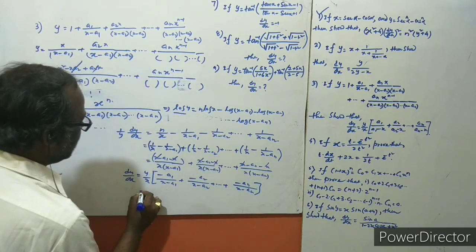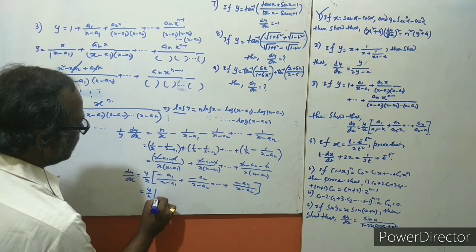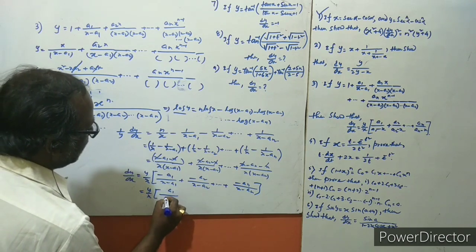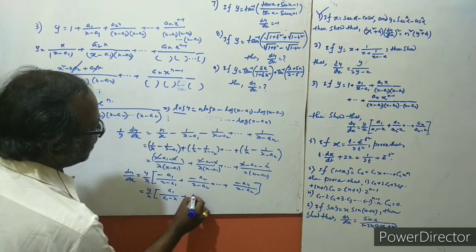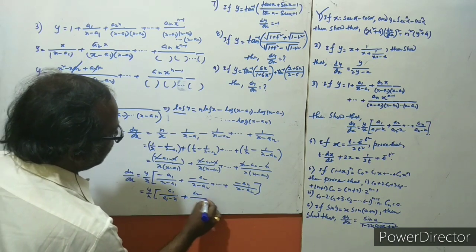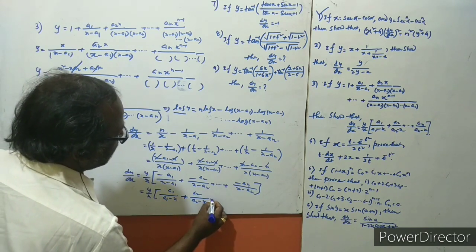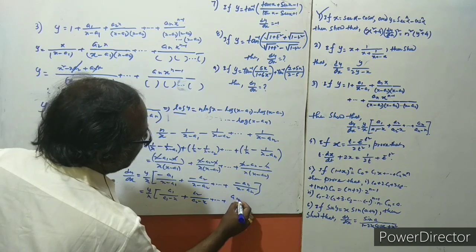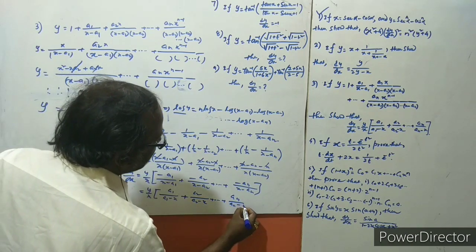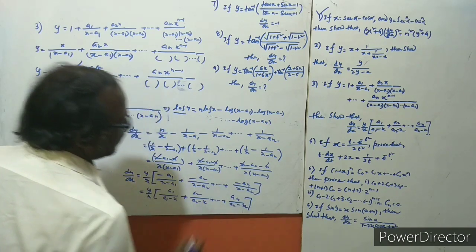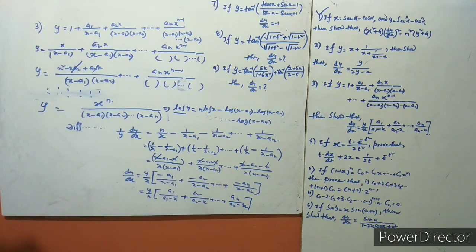So again write y by x, that is equal to a1 by a1 minus x, plus a2 by a2 minus x, and an by an minus x. This is proved. This is the interesting question, question number 3.